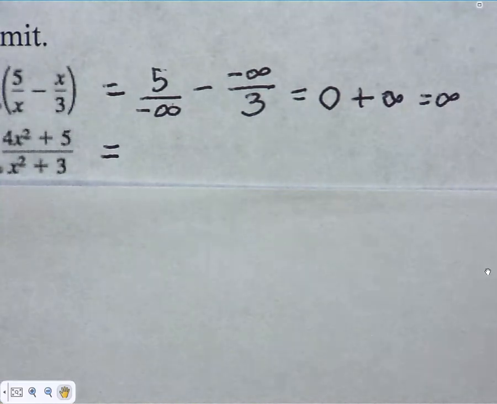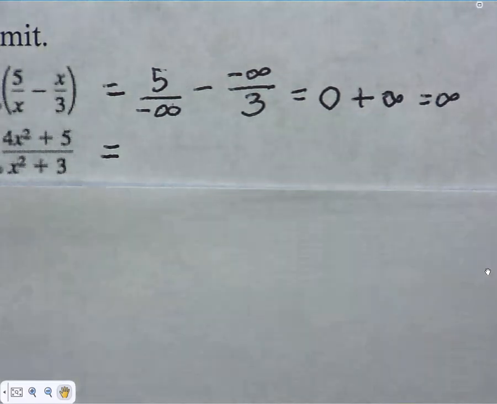You're saying, if I had 5 divided by negative a billion, that's about 0. And then minus negative a billion divided by 3, minus negative a billion is the same as positive a billion. Divided by 3 is huge. You write down infinity. You may not even have any work to show in your homework. You can write stuff like that down if it helps you, but if you can squint and figure your way through it, there's not a lot to write down on these problems.